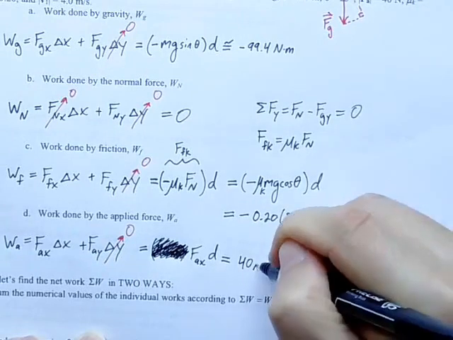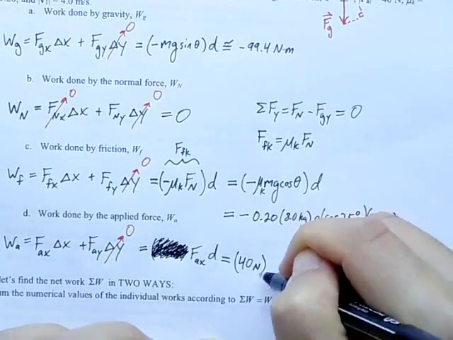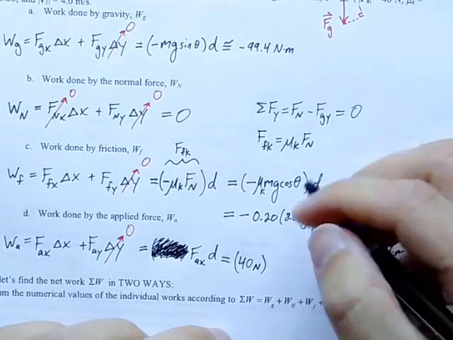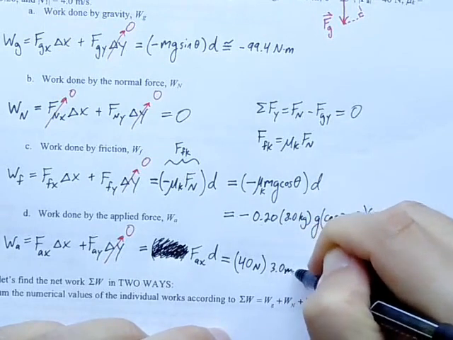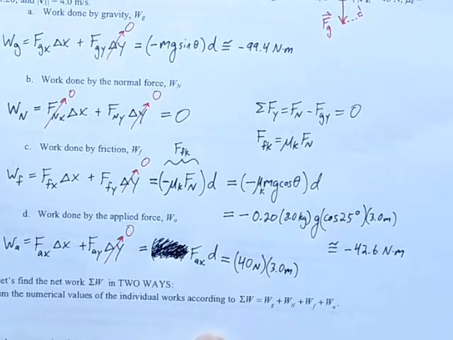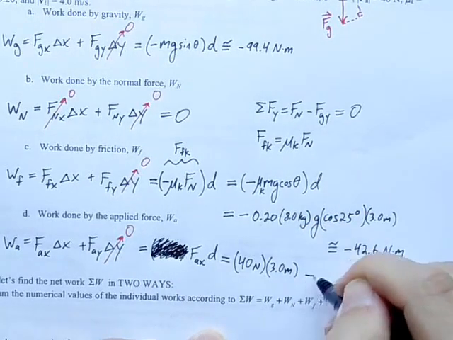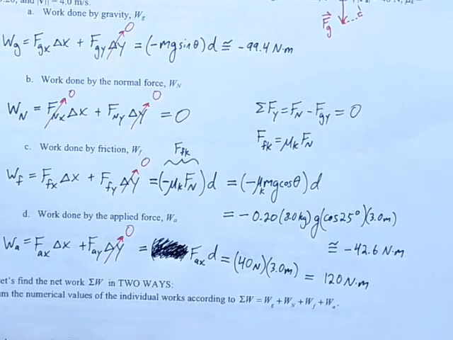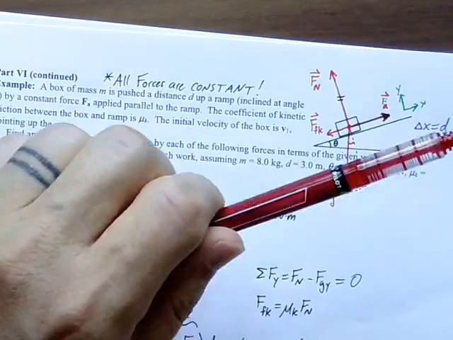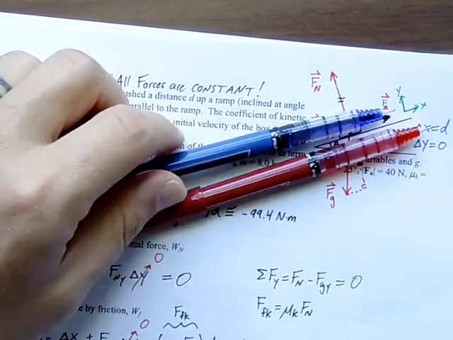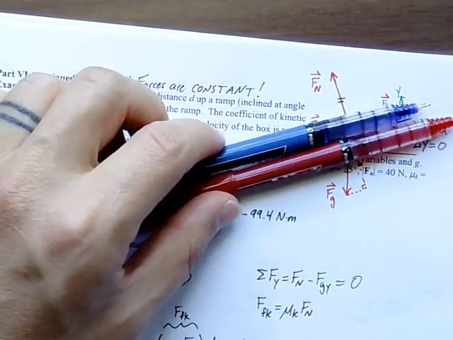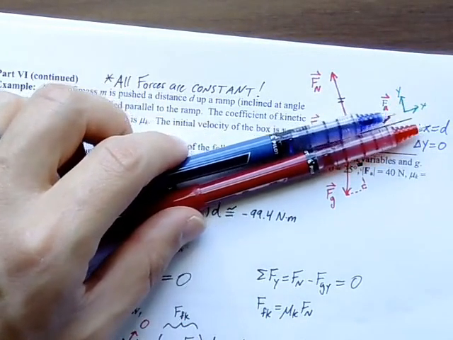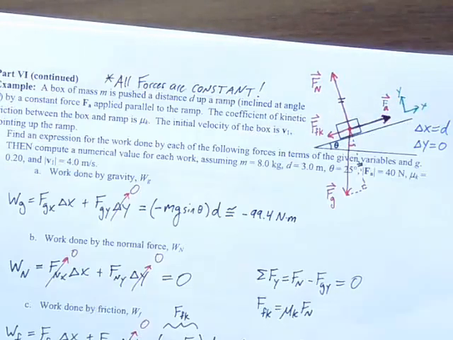Variables first, then numerically. 40 newtons times our distance d, which was 3.0 meters. We get a positive 120 Newton meters. Positive makes sense because our force and our displacement are in the same direction. They're supporting one another. They're parallel to each other. Therefore, positive work being done by that applied force.